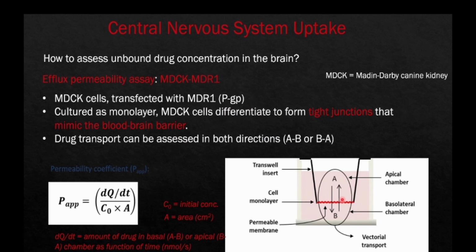We can then measure the permeability coefficient, which is Papp equals dQ over dt, the amount of drug in the basal, through A to B, or apical, B to A chamber, as a function of time in nanomoles per second. C0 is the initial concentration, and A is the area in centimetre squared.